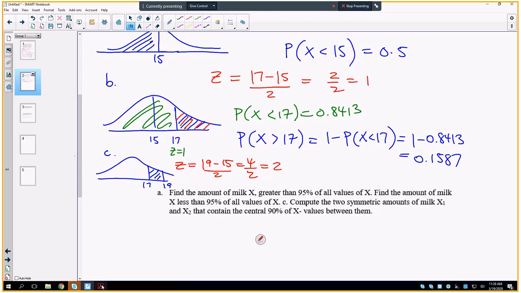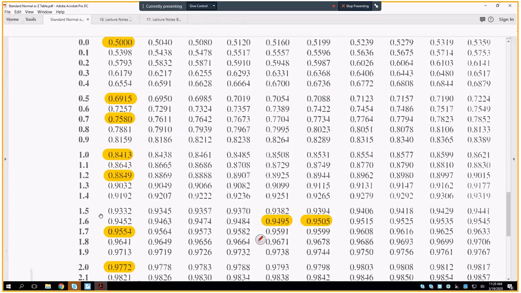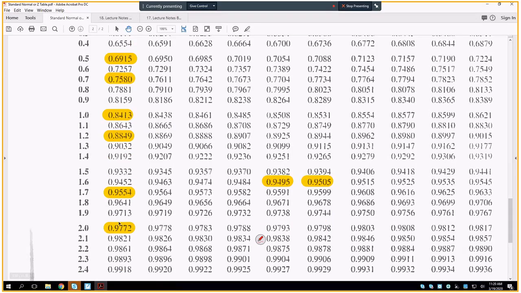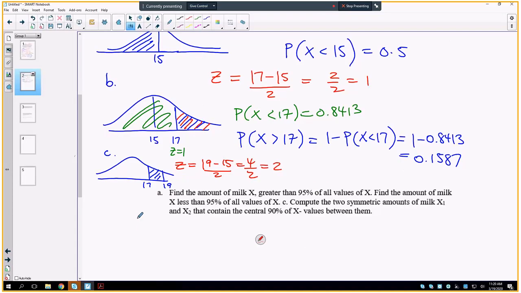Look in my table. What corresponds to z equals 2? Well, it's 0.9772 here. So I'm going to use that in my problem, as well as what we already found out in the previous part. The probability that x is less than 19 is 0.9772.